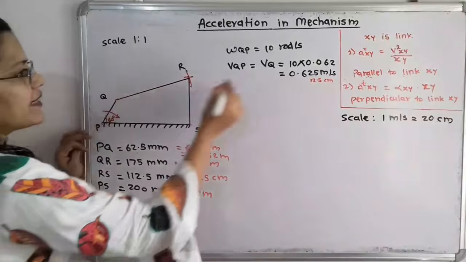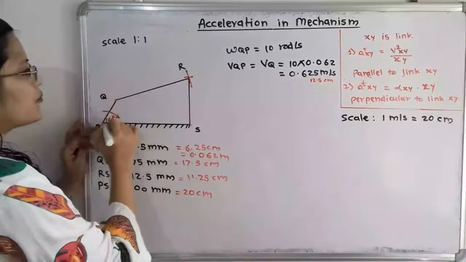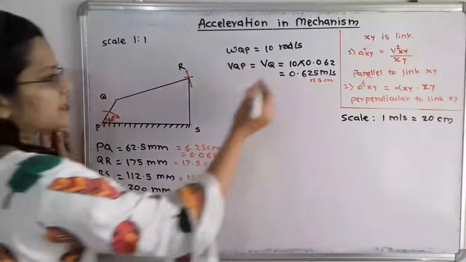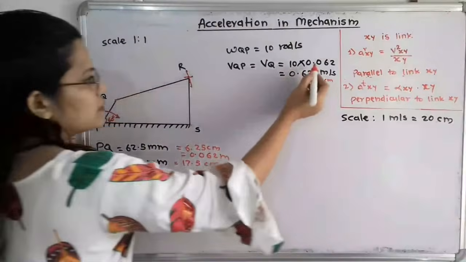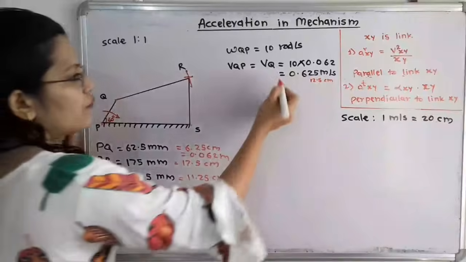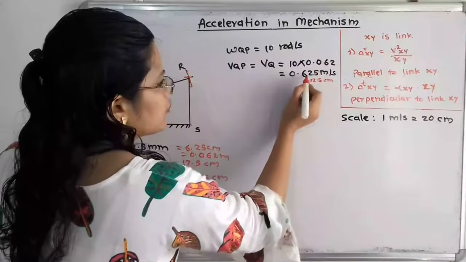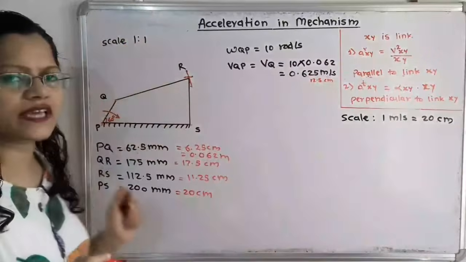VQP is equal to VQ because point P is fixed. Omega is 10 and the distance PQ is 0.0625 meter, so we get the answer 0.625 meter per second.